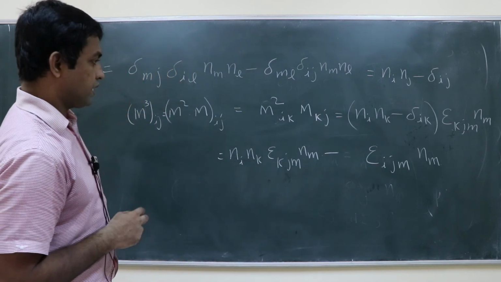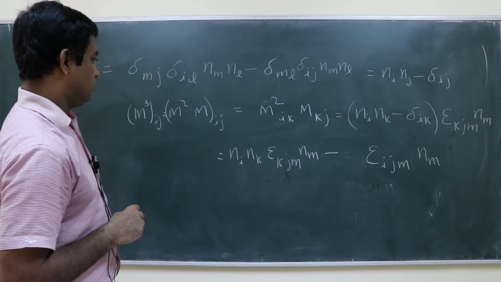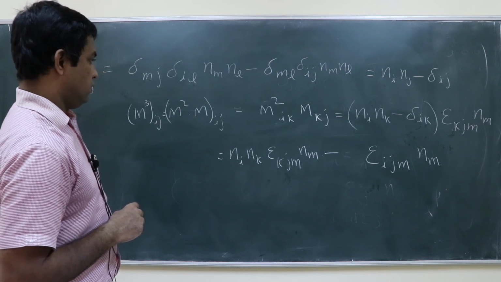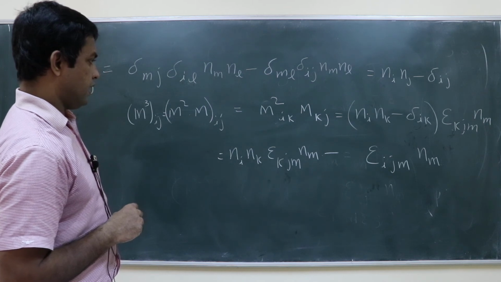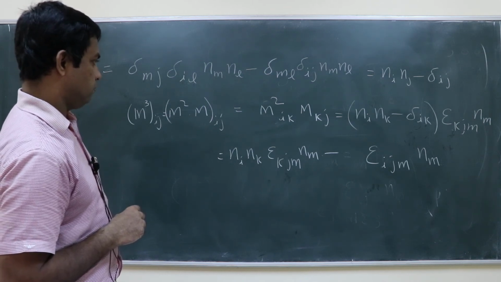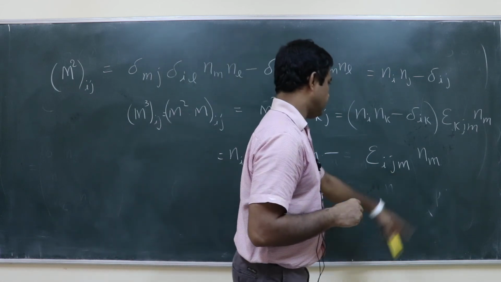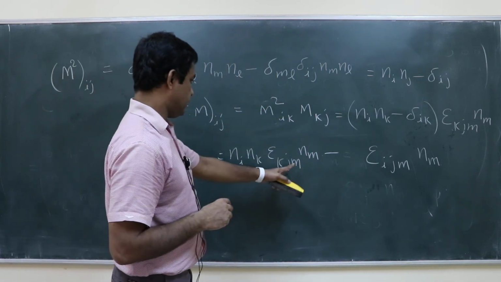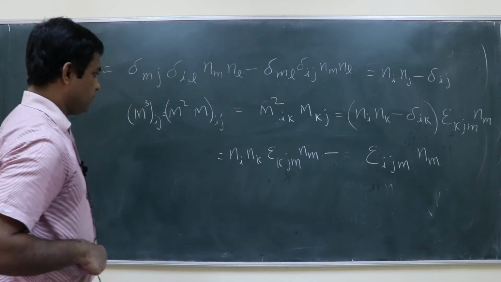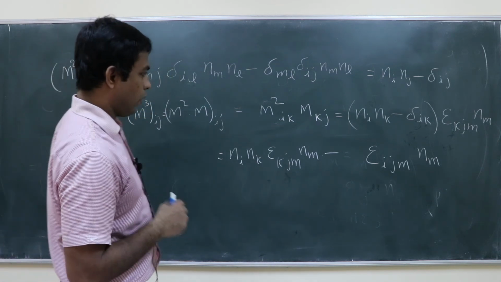So what is next? You want to simplify further, and I and j should be different, so that is fine. So epsilon ijm nm, and this is epsilon kjm nm. Okay, so what is this quantity?